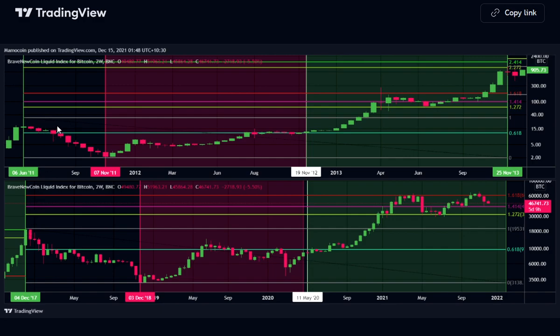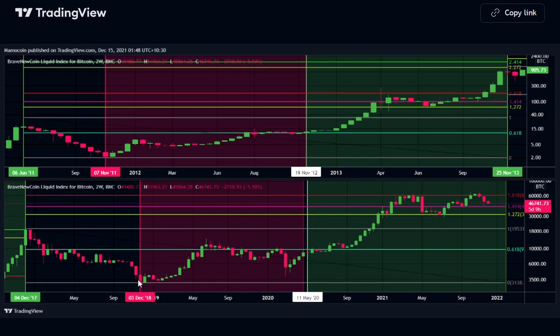What I've done with these green lines is line up those previous bull market peaks from both cycles, and these white lines are the halving dates. These are the bear market lows, but I've used these 2 points to line up these two charts. And we can see how similar they are here.